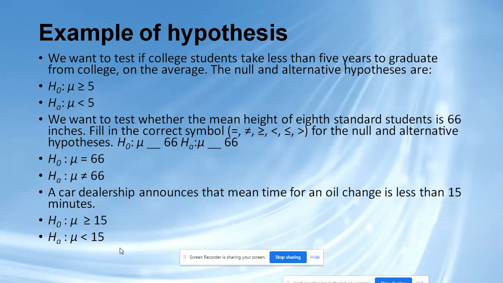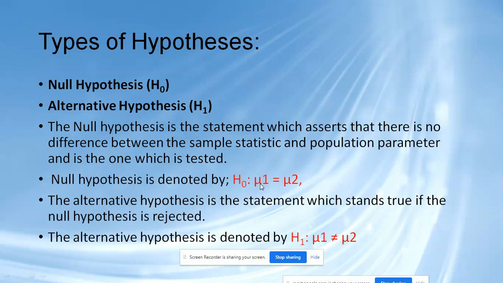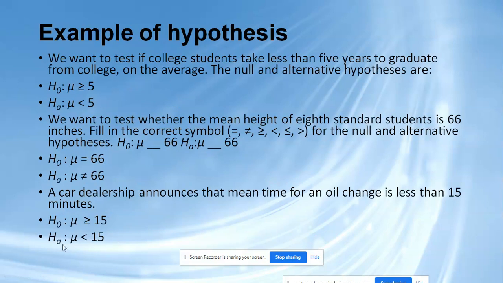See, it is not always the case that H naught is mu1 equal to mu2. It is always the opposite of the alternative. So if the alternative says mu is less than 15, then the null hypothesis states that it has to be greater than or equal to 15. Like that, there are these examples of how we can define null and alternative hypothesis.